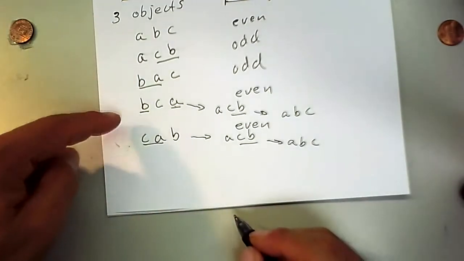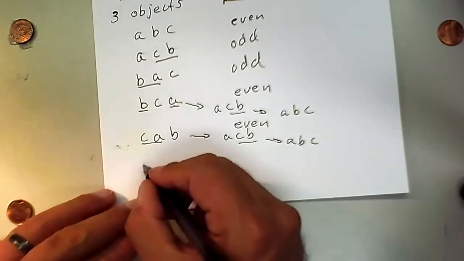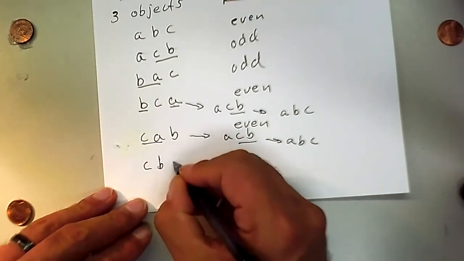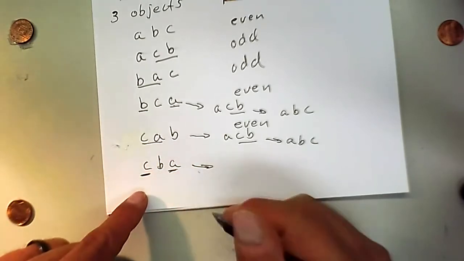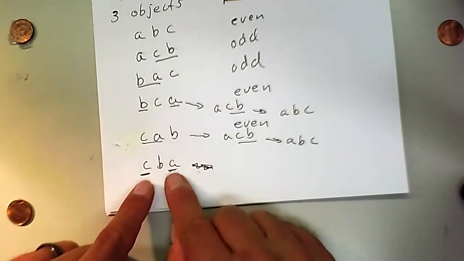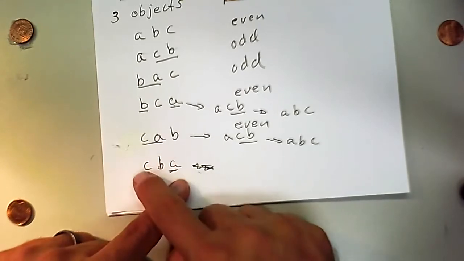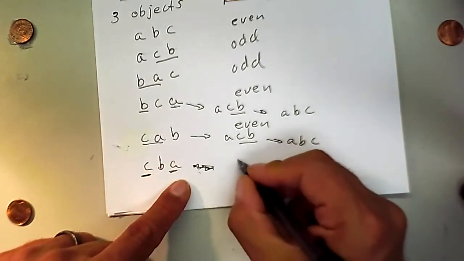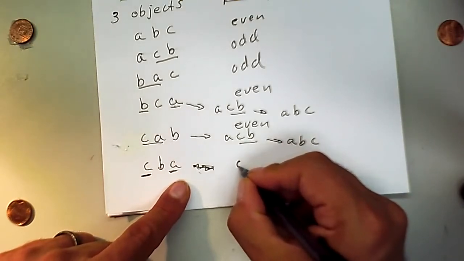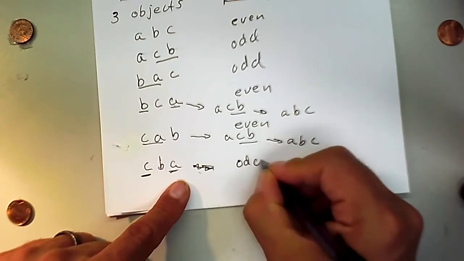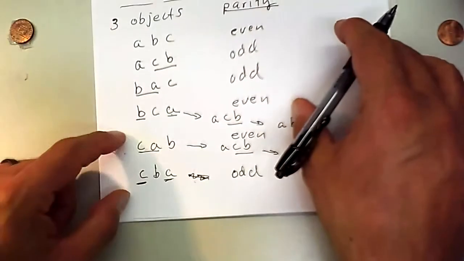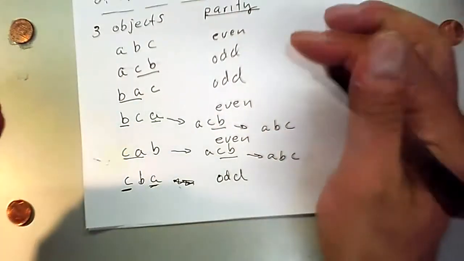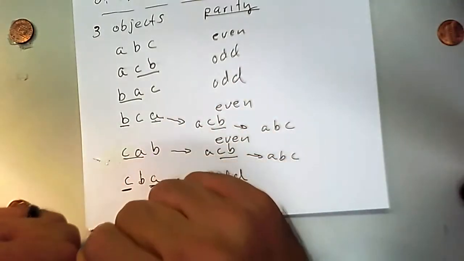1, 2, 3, 4, 5. There are 6 of them, so I'm missing 1, CBA. That requires only 1 swapping. All we have to do is exchange. Well, I don't need an arrow, I guess. I can just show. If you swap A and C, we got ABC. So that is 1 swapping, and that is an odd permutation. So all the permutations are always split up into half of them are even and half of them are odd.